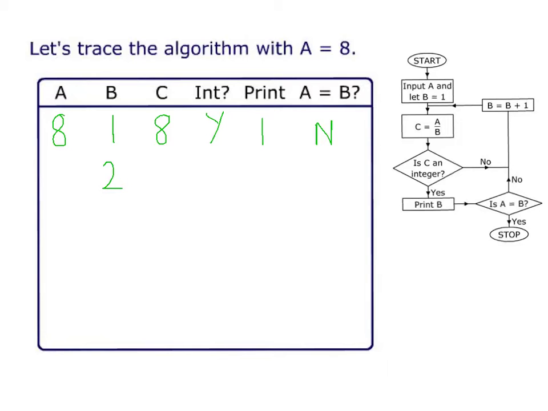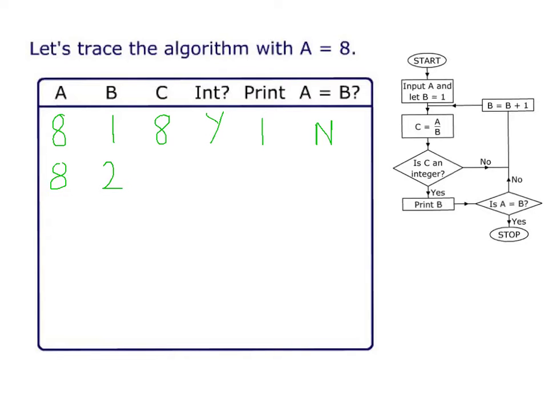Right, we are now continuing around the loop in our flowchart. So we follow the arrows back and we now go to c equals a divided by b. Now, our value of a has not changed, so we could just keep it filled in so that our value of a remains constant on our next line in our trace table.